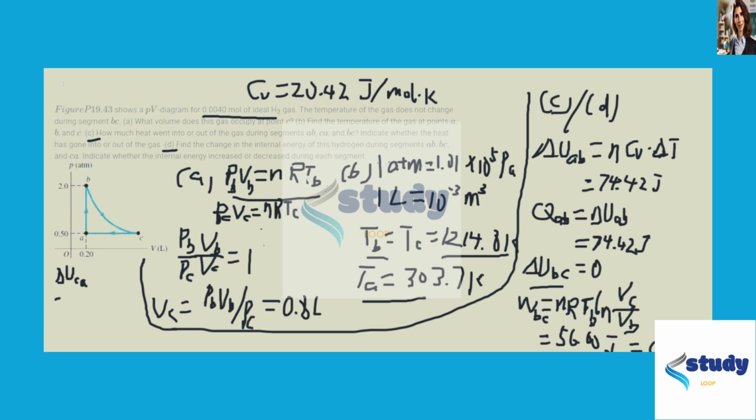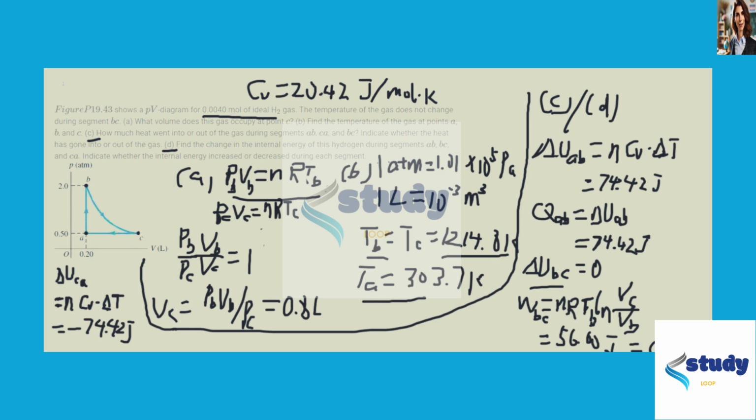So we can figure out delta UCA directly, which equals n times CV times delta T. Delta T in this case will be TA minus TC, because A is the final state and C is the initial state. So the value is negative 74.42 joules, which is just opposite to this one.